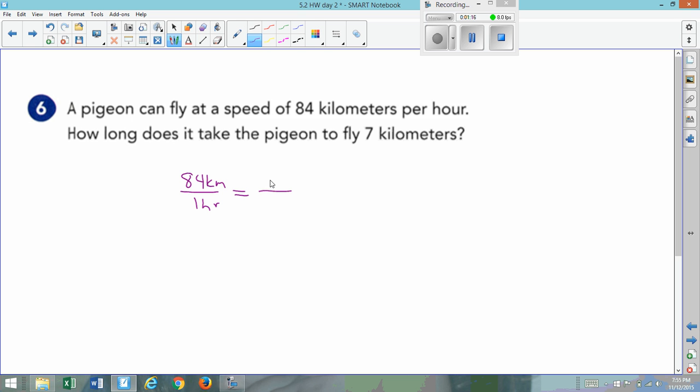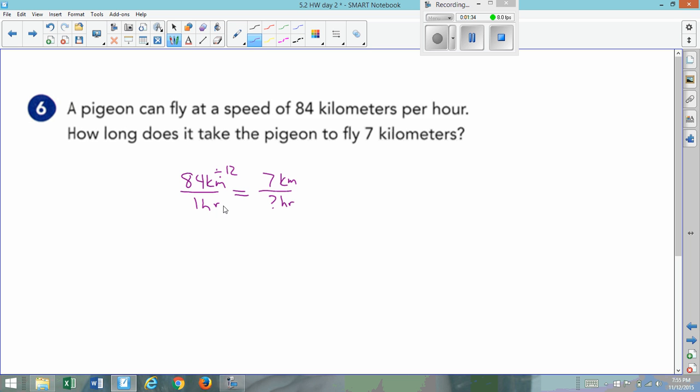Well, what do you have to do to this 84 to make it a 7? Well, 7 goes into 84 12 times.